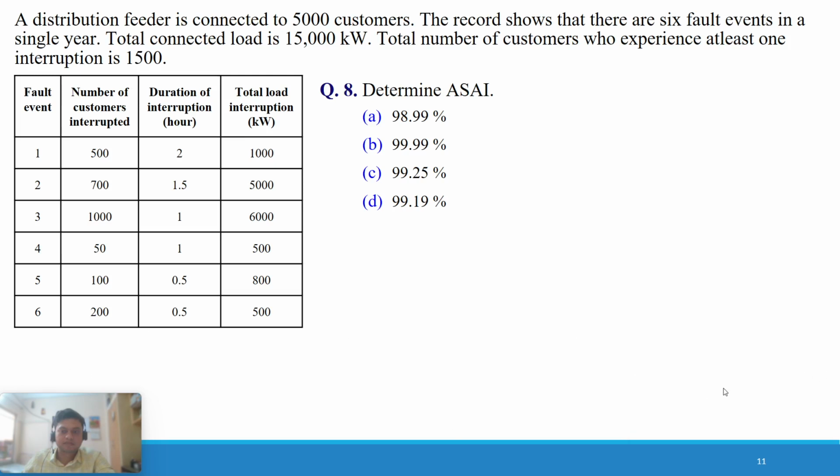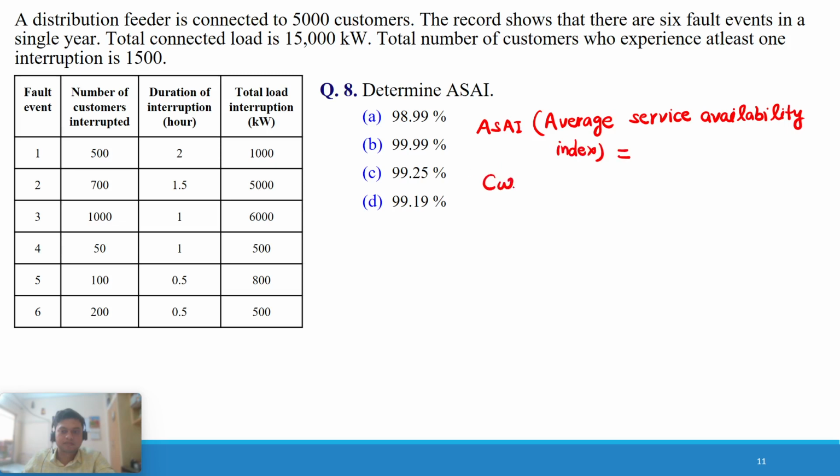In this we have to find the average in percentage, so we will multiply whatever formula we have by 100. Average service availability index.